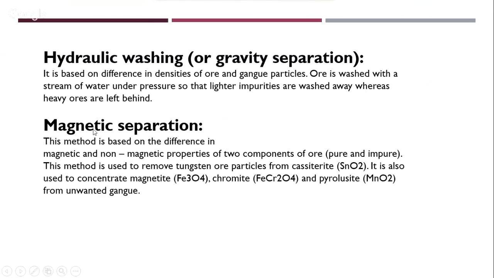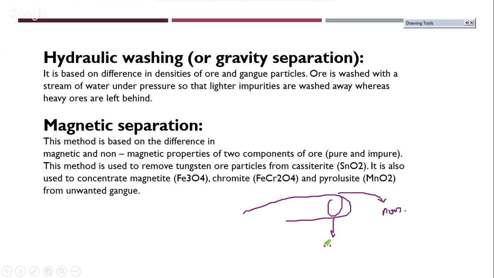The next is magnetic separation. Basically we use the property of having magnetic or non-magnetic properties between two components to separate them. So you have a magnetic separator here. How it works is that the magnetic separator keeps throwing off non-magnetic substances, but the magnetic substances will fall just below a huge magnet that is present.